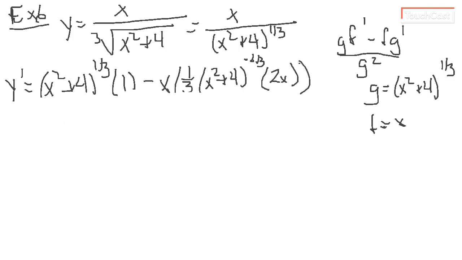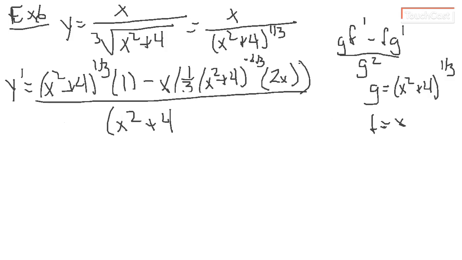And then remember we're using the quotient rule, so that all has to be over g squared. So we can actually just rewrite g as x squared plus 4. If we square all of that, our power is really just going to change to be 2/3. So let's keep it going.